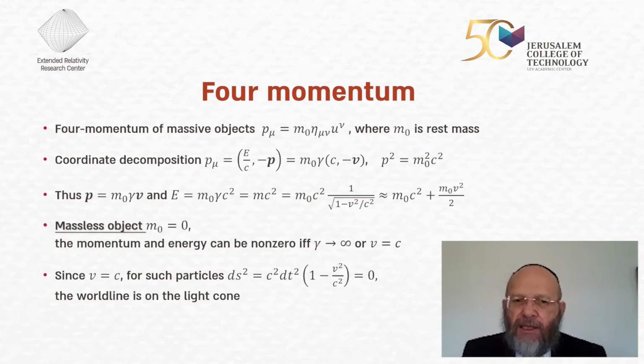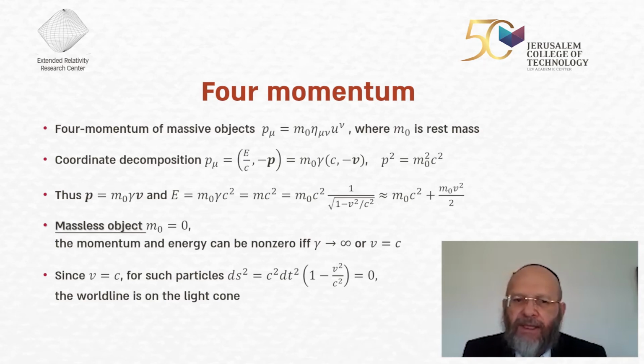So for such particles moving at speed c, ds squared, what will it be? We had this formula, and if v squared over c squared is 1, then ds squared is 0. So the whole line of them lies on the light cone.